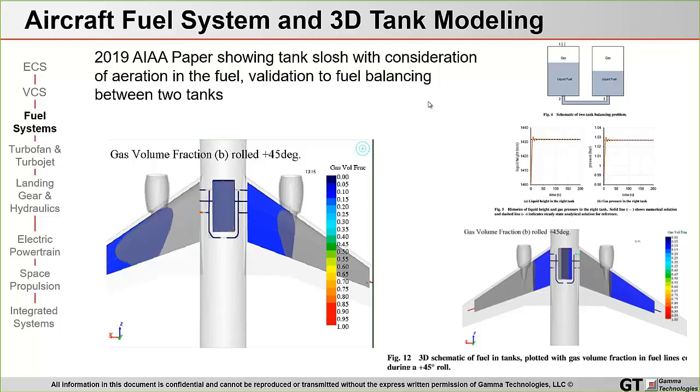This has nice advantages for simulating these effects, to look at things like filling scenarios, venting scenarios to know if it's well vented or not, fuel transfer phenomena, and pickup locations for fuel pumps under a variety of different orientations of the aircraft. By predicting this with virtual simulation, this reduces the need for strenuous physical testing.